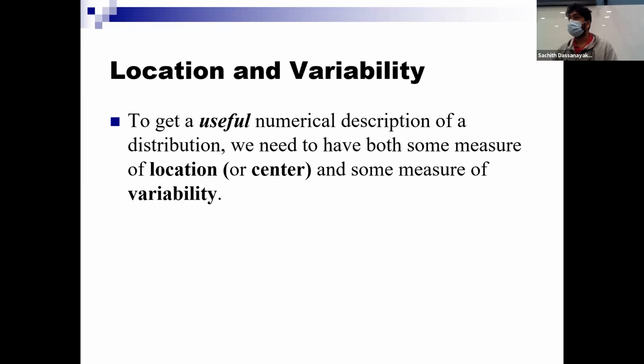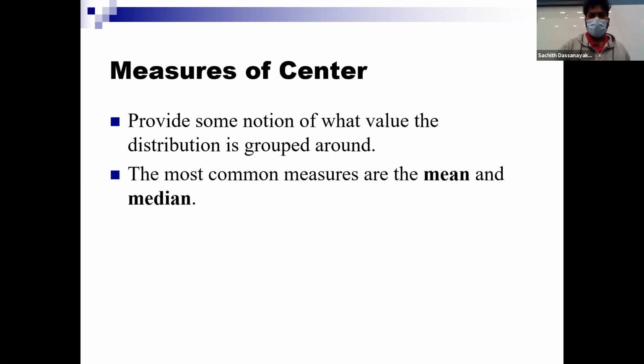How this data set shape shifts, I mean not shifts, how it shrinks and how it changes width. First, location measurements. Okay, measure of center. To measure the center, we normally use mean and median.